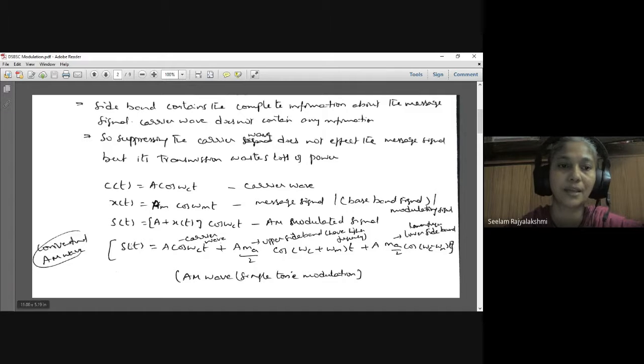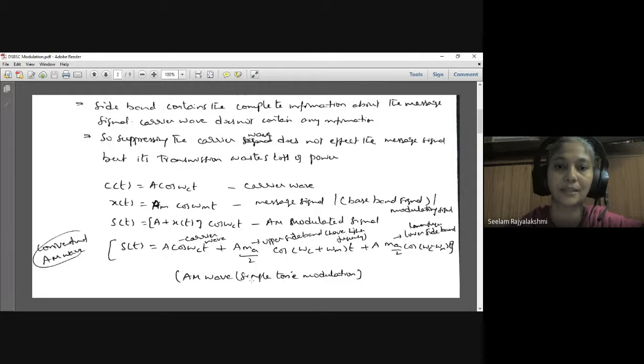So the conventional amplitude modulation wave s of t equals A c cos omega c t plus A c m a by 2 cos (omega c plus omega m) t plus A c m a by 2 cos (omega c minus omega m) t. In this equation, the first term is the carrier wave.